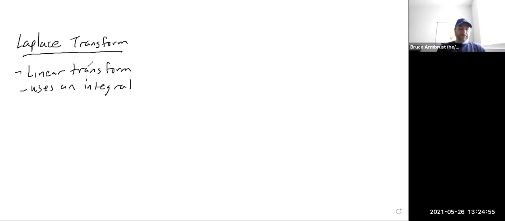All right, so the way that the Laplace transform is defined, and the notation you're going to see, is the curvy L standing for Laplace. Then you get curly braces, and in here is going to be your function. So we're always going to be doing the Laplace transform of a function.